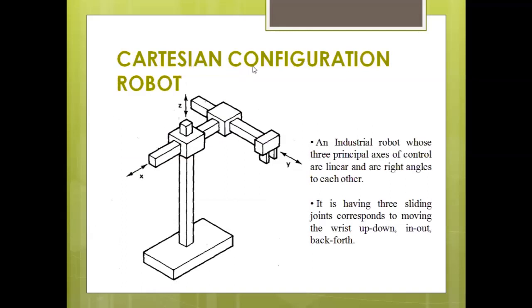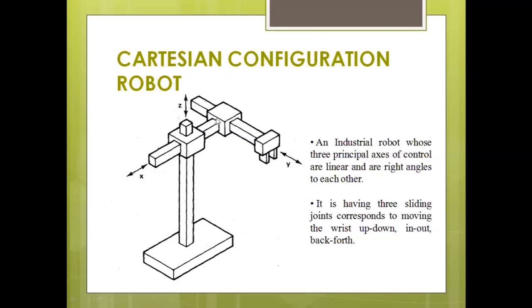The Cartesian configuration robot is an industrial robot whose three principal axes are perpendicular to each other. In the name itself, Cartesian configuration, it mainly works on the Cartesian coordinates: x-axis, y-axis and z-axis.